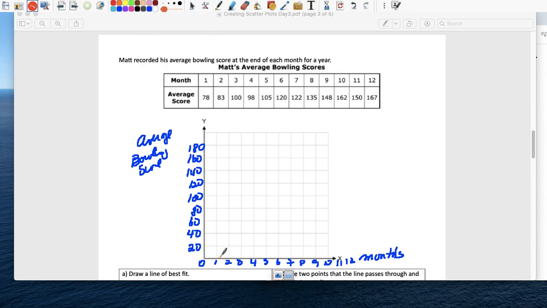So in 1 month, his average was 78, and again, you're going to have to estimate as best as you can. But instead of that, I'm going to take a little break here. I'm going to use this to show that our scale is not going to be the same.